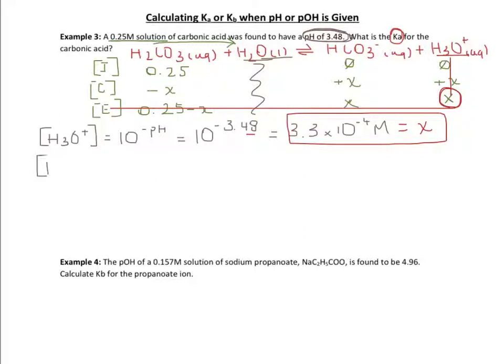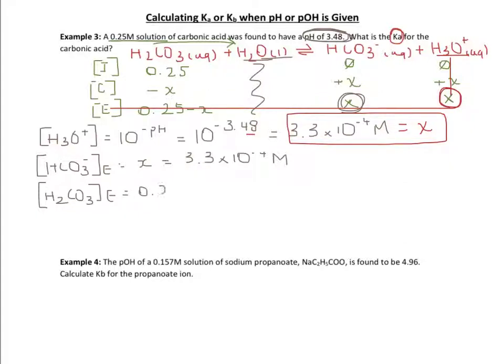So I know that HCO3 negative at equilibrium we said was equal to X. So that's 3.3 times 10 to the negative 4 molar. And carbonic acid, H2CO3 at equilibrium, is 0.25 minus X, which is 3.3 times 10 to the negative 4. To the appropriate number of significant figures, that is not large enough to change the answer. So it's still 0.25. Fix that up there.